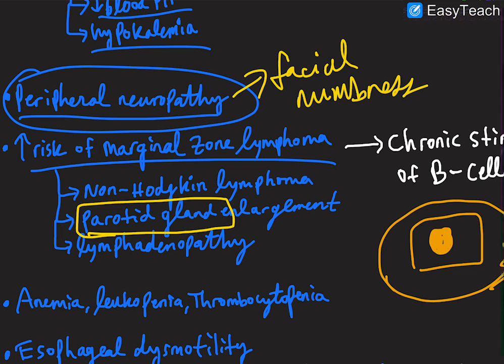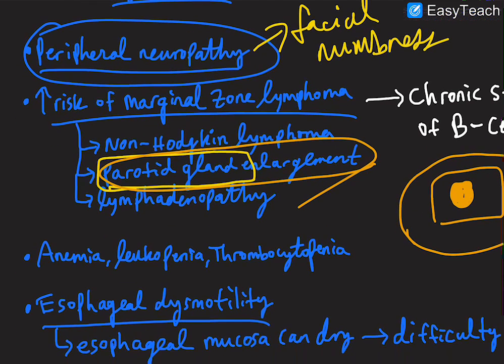Which can lead to B cell lymphoma or marginal zone lymphoma because you get cancer of your B cells that are in your marginal zone in your parotid glands. So that's why after a while, if you start to see parotid gland enlargement, that can be a sign for marginal zone lymphoma.